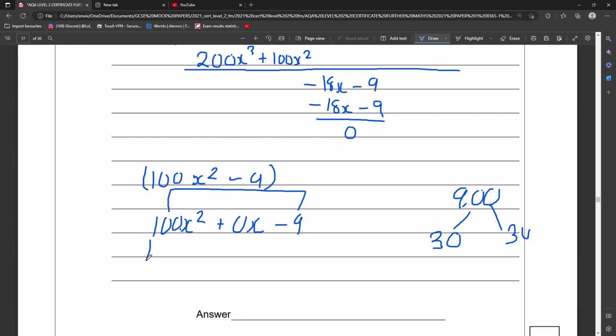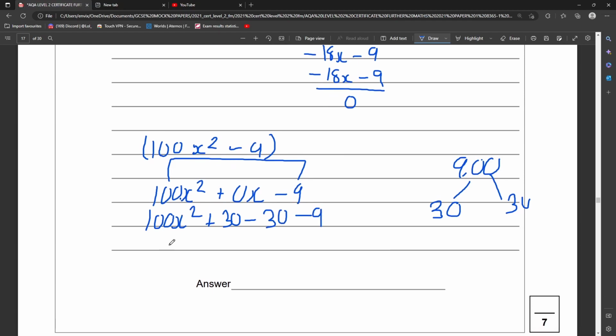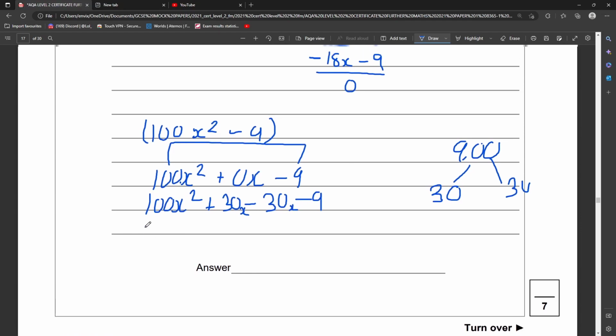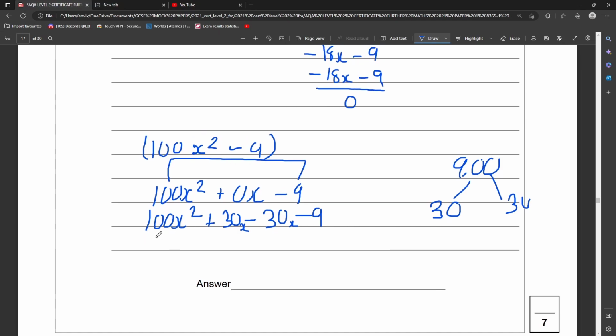So then we can say 100x squared plus 30, negative 30, negative 9. And then we can find the factors of 100 and 30, so we can factorize it. Sorry, I meant 30x, my bad. And then we can do, I think, 5 goes into it.